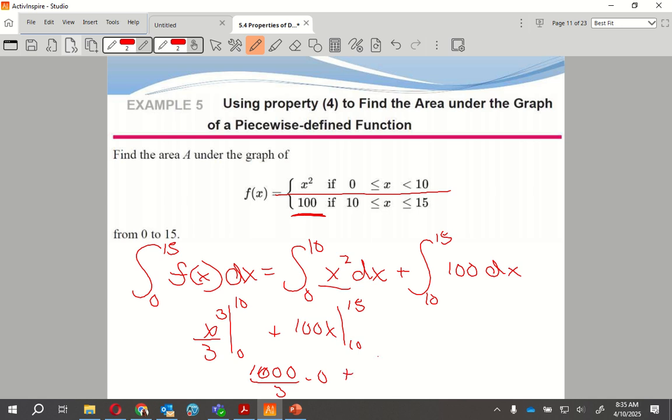And then plus, all of this, when I do that, what's that going to be? 1,500 minus 1,000. So that's going to be what, 500? So plus that. If it's 500 times 3, 1,500 over 3, plus that one, so it's going to be 2,500 over 3.